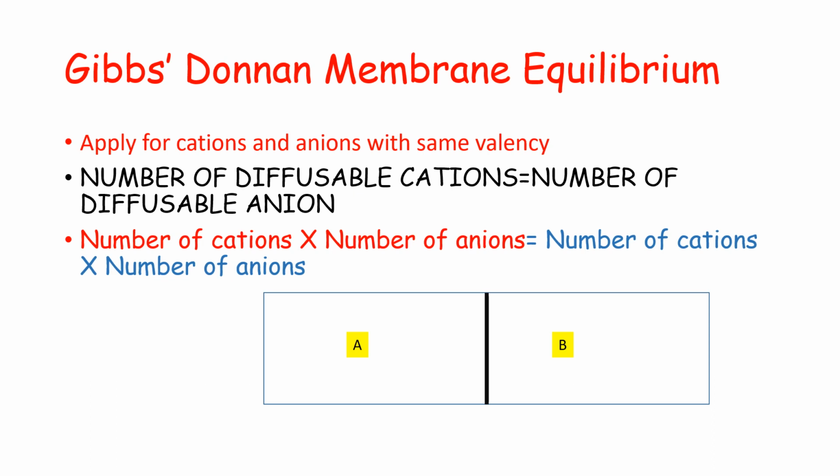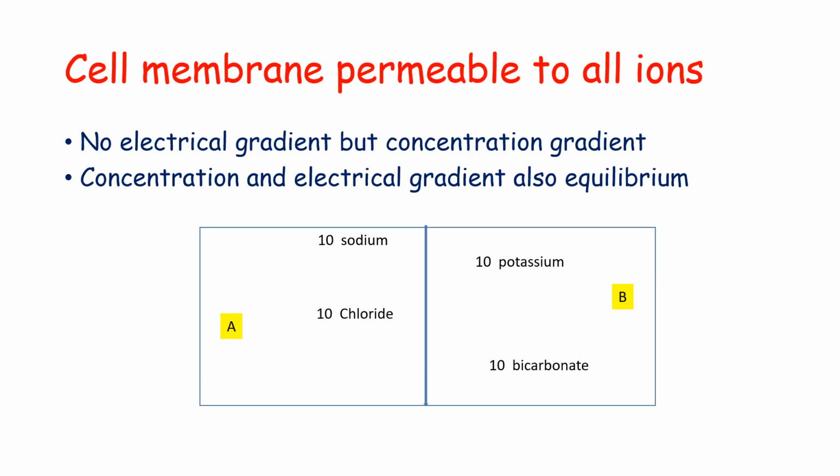So let us understand this concept with this slide. Supposedly, a cell membrane is permeable to all the types of ions present in chamber A and chamber B. Here, this is a hypothetical example in which in chamber A we have 10 sodium and 10 chloride.